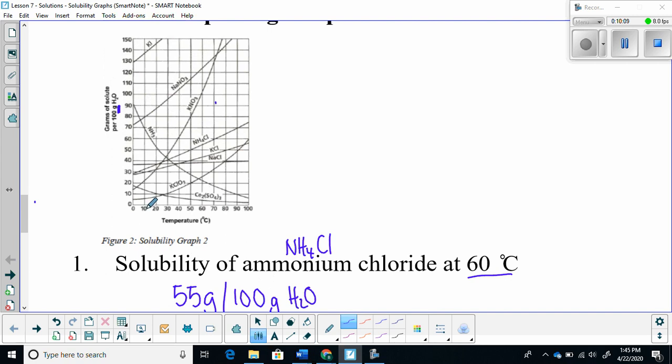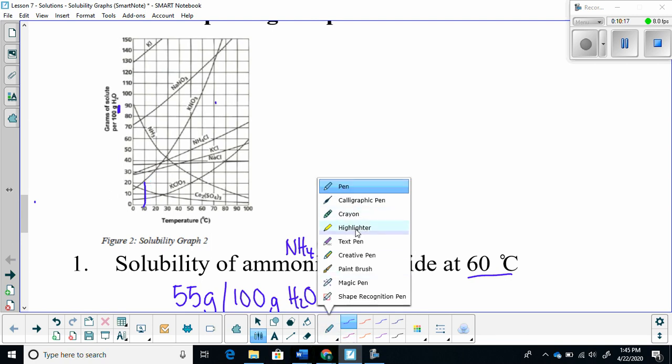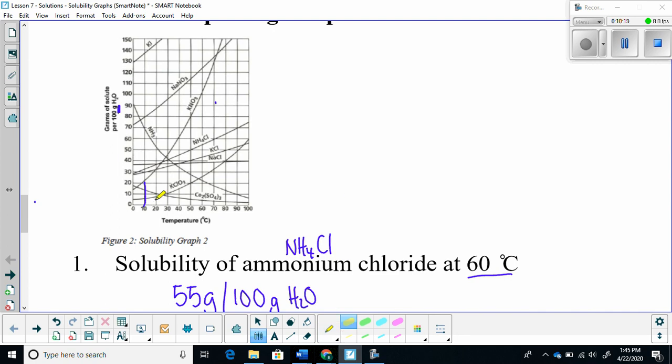And I'm going to bring my line up until I hit that potassium nitrate line. Okay. I'm going to highlight that line just so it's a little bit easier to see. Let's use a different highlighter. Okay, so let's highlight this line. There's my potassium nitrate line.